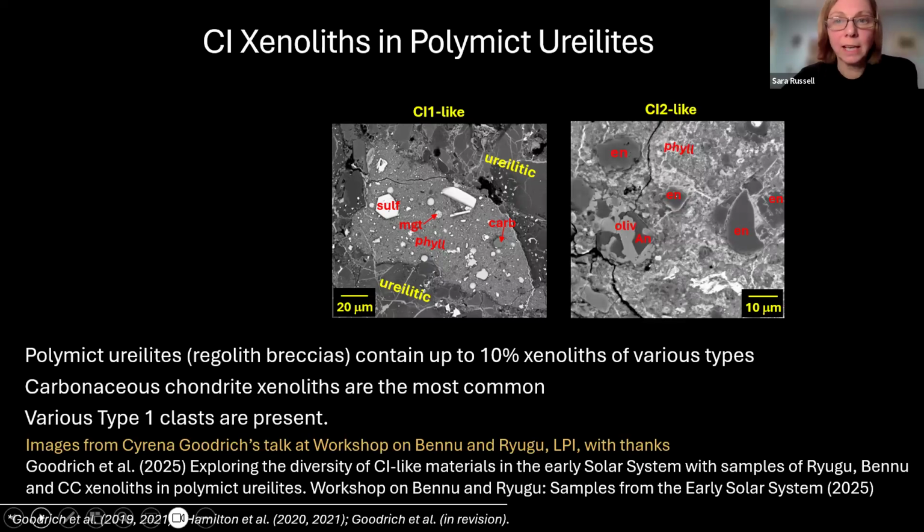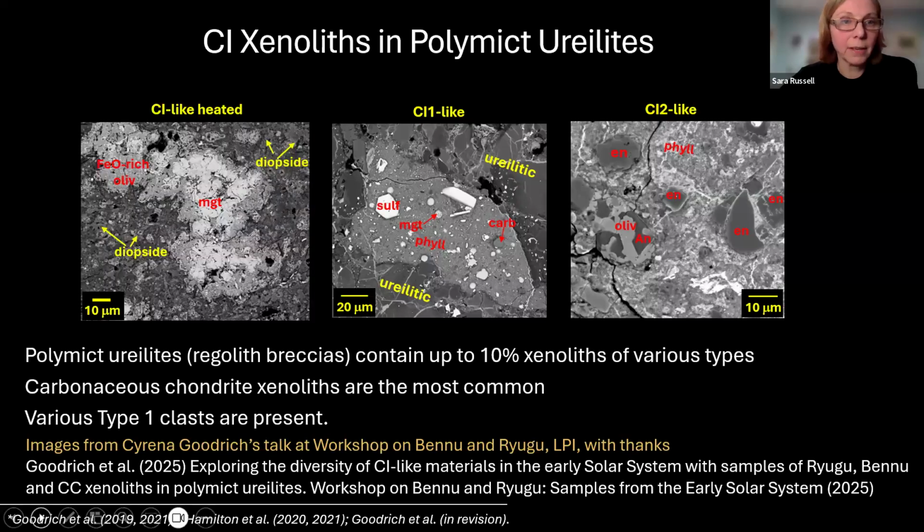There are also Ci2-like materials, things that have a composition rather like Ci's, but also have abundant enstatite and olivine in them. And they also have Ci-like heated xenoliths. This one doesn't look like a Cy to me. It has a lot of magnetite in it rather than sulfide, so it looks like a unique kind of clast to me.